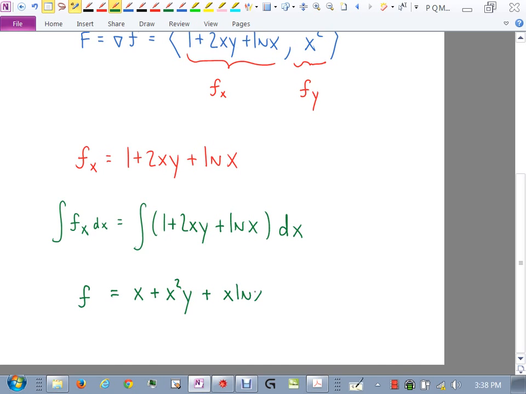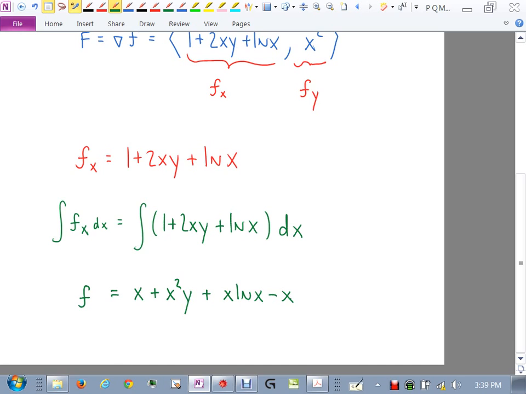X ln x minus x. That's one that you may or may not have had drilled into you. I don't know. Depends on how your calculus instructor was, but everyone knows the derivative of natural log of x is 1 over x, but not many people remember the antiderivative of natural log of x is this. Yeah, we're not done yet.